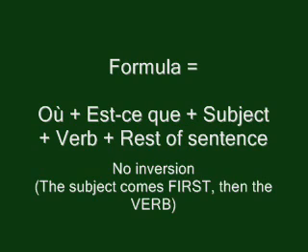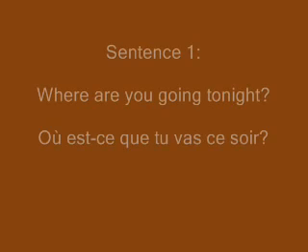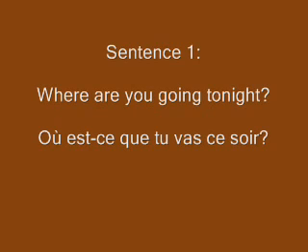Let's study some examples now. We will use the exact same questions that we asked previously, and we will apply the second method. The sentence number 1 was, where are you going tonight? Using the expression est-ce que, the new question in French will be, où est-ce que tu vas ce soir?